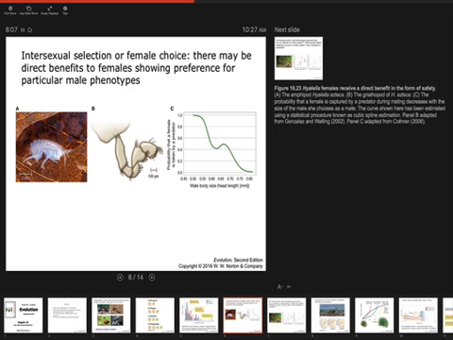And this is the probability the female is taken by a predator as a function of the size of the male she mates with. And I don't remember exactly how that deters predation, but in general, if the female wanted to avoid being eaten, what kind of male should she prefer to mate with?